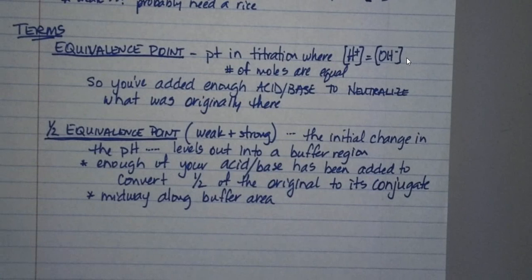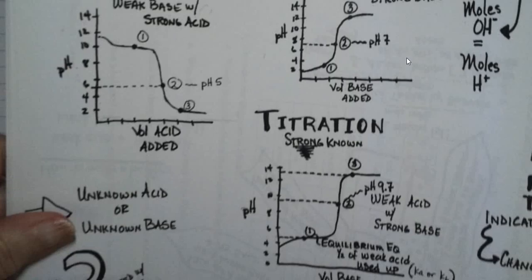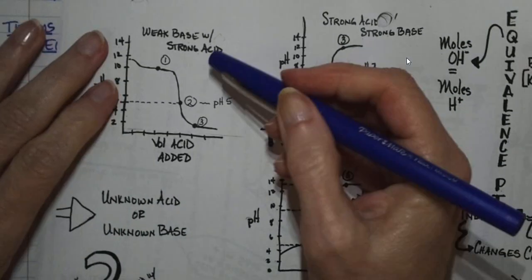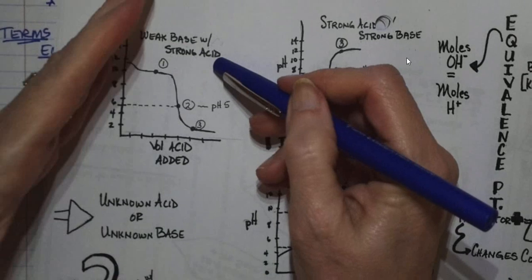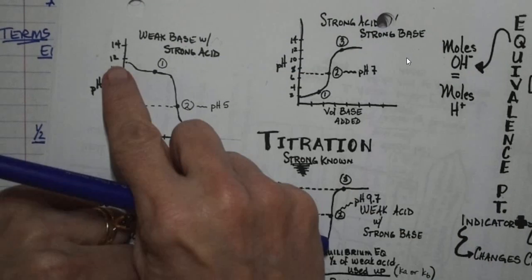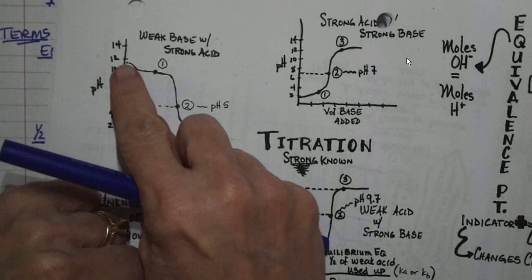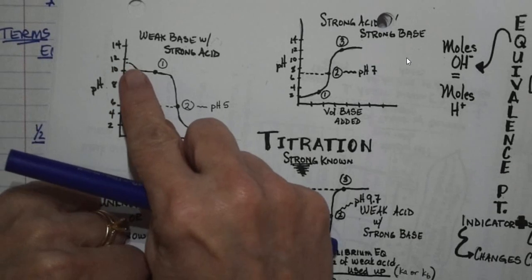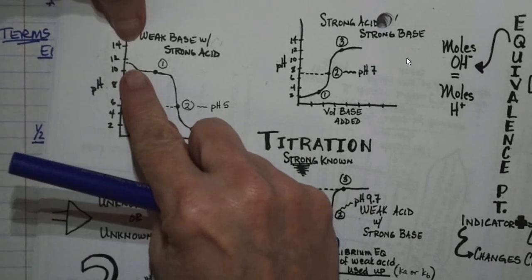Okay, so when I look at this, here is a weak base with a strong acid. This is the only time you're going to worry about the half equivalence point. So when I first put stuff in, it drops the pH here. A strong base would usually be way up here, but I don't have it way up here. I've dropped it down, and notice it kind of levels out for a while. This area is called a buffer region.